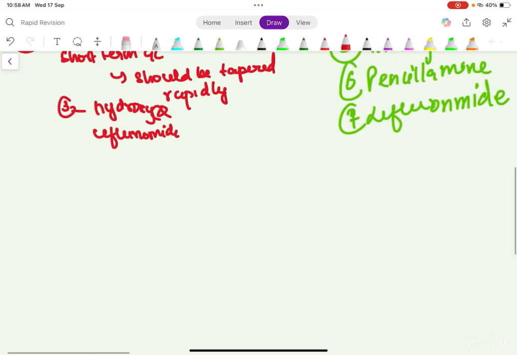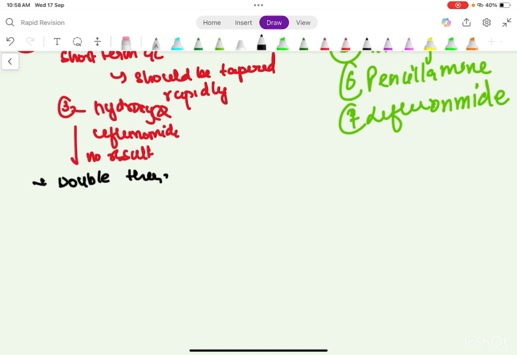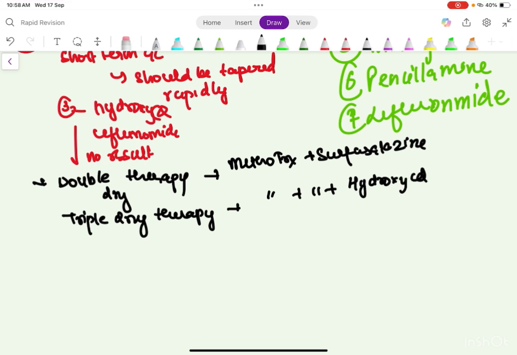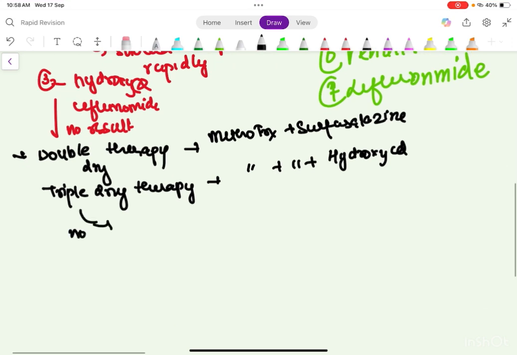If still there is no result, then you think about double drug therapy, in which you combine methotrexate and sulfasalazine. If not, then triple drug therapy: methotrexate plus sulfasalazine plus hydroxychloroquine. If there's still no change, then you switch to biological DMARDs.